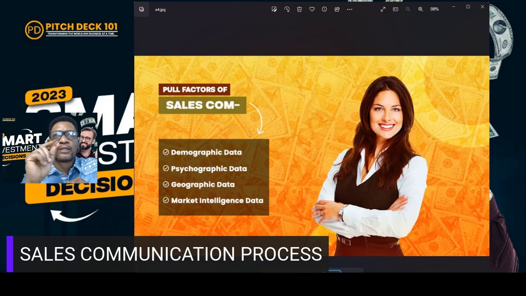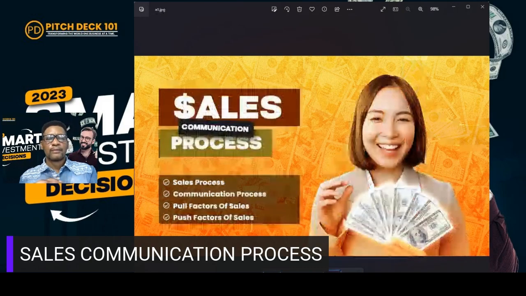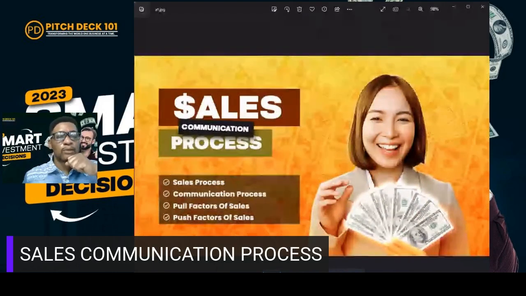And the clinical precision really enables you to make the sale. Now, to optimize your chances with all three of these data that we have just talked about, it is ultimately based on the foundation of what we call market intelligence data. So the entire exercise that we're going to be going into here in terms of the sales communication process is based on those four elements I've just discussed with you.